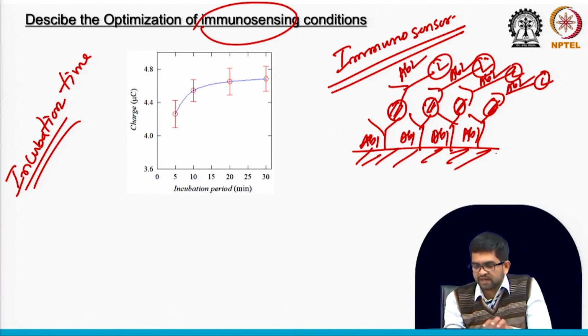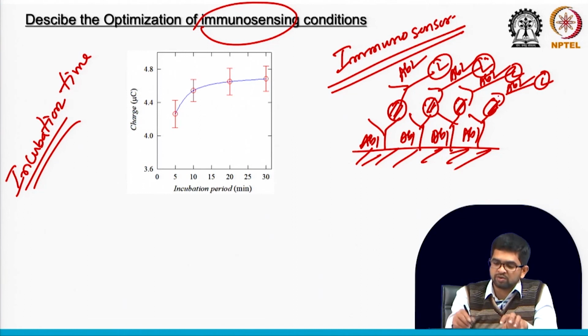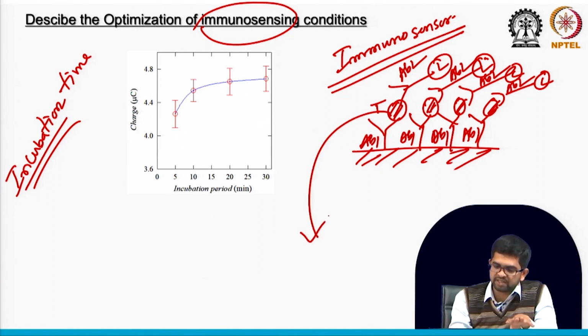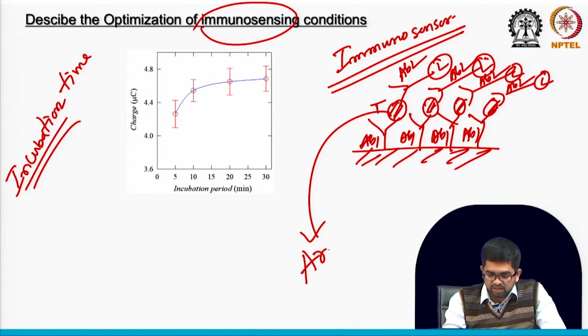Now on the primary antibody coated surface, when you drop the target and secondary antibody mixture on this surface, antigen antibody binding is forming, a sandwich, no?